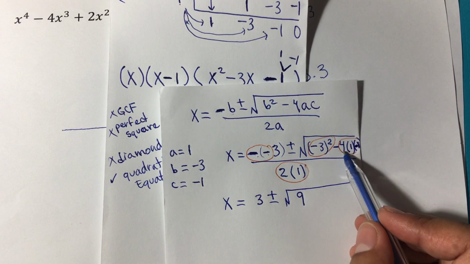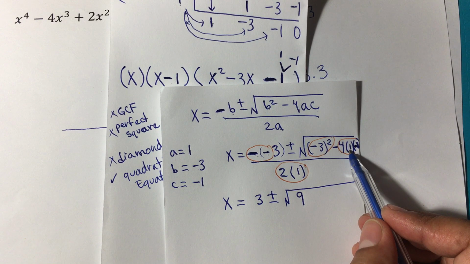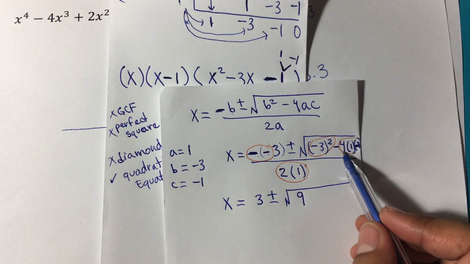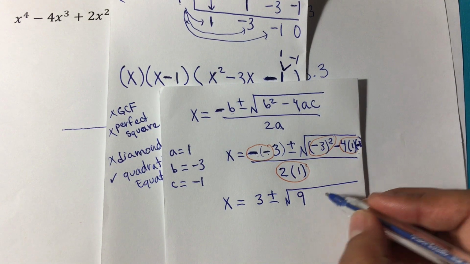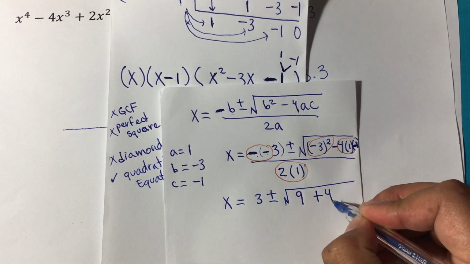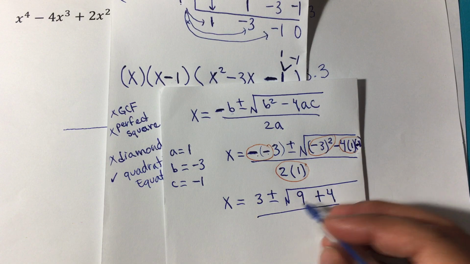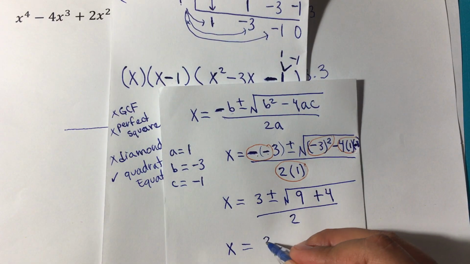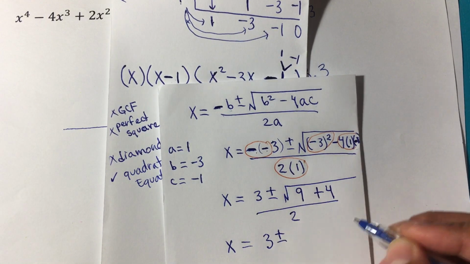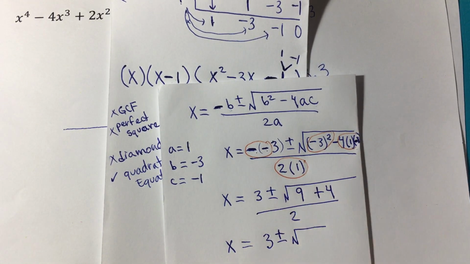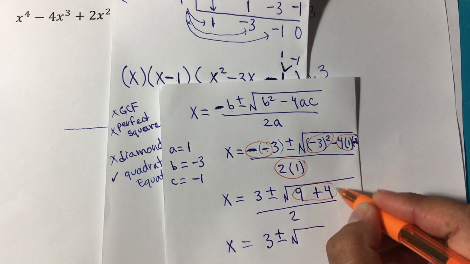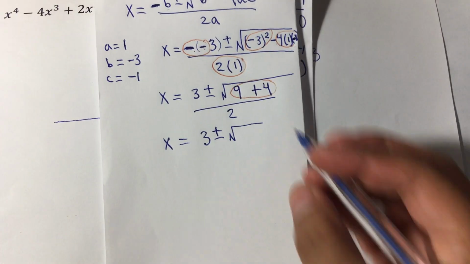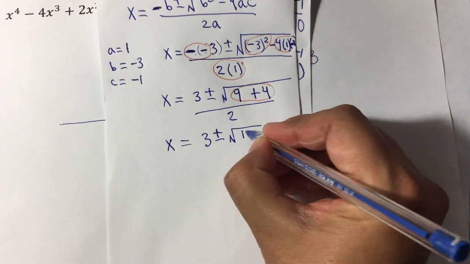So -4 times 1 is -4, and the result of those two times -1, so -4 times -1 will be +4. 2 times 1 is 2. Then we bring down the 3 plus minus the square root of. Now what I'm working with only is simplifying that part. Let me move it up. And 9 plus 4 is 13.